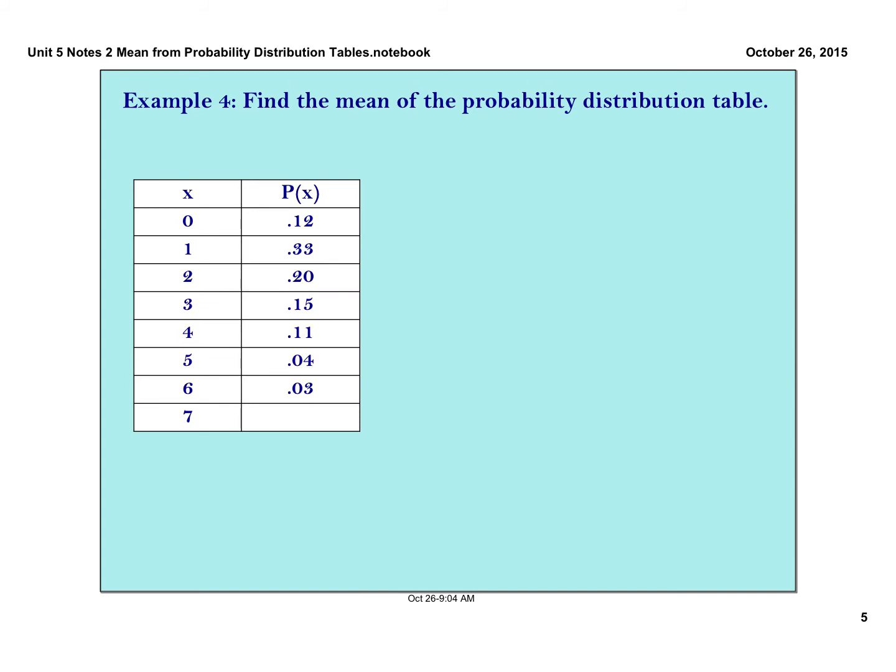Example 5, I'm missing a probability here, so let's add up what we know. You know that the whole table should equal 1.0, so let's see what we have so far. 0.12 plus 0.33 plus 0.2 plus 0.15 plus 0.11 plus 0.04 plus 0.03.